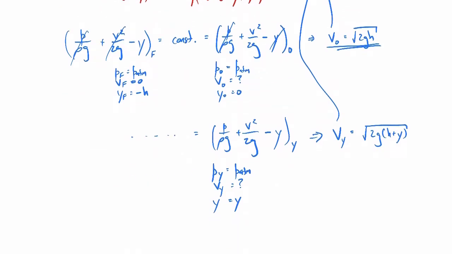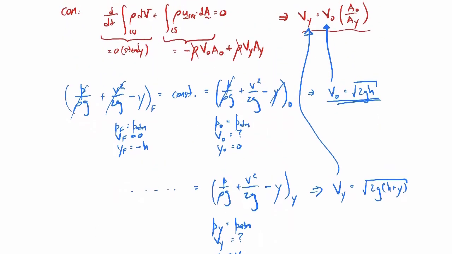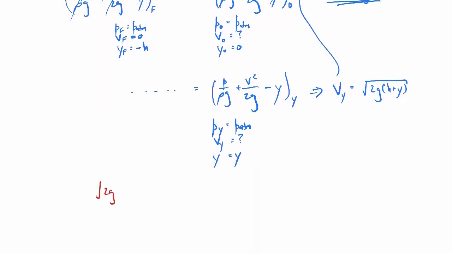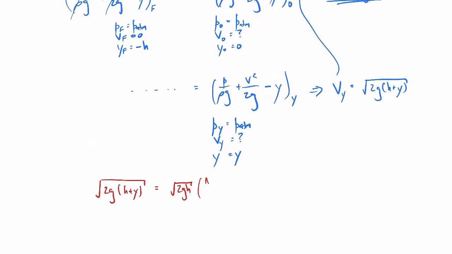So let's do that. On one side, rewrite this. We have the square root of 2g(h plus y). Other side we have the square root of 2gh times A naught over A_y. And you'll see the square root of 2g cancels out. We'll get A_y is equal to A naught times the square root of h over h plus y.